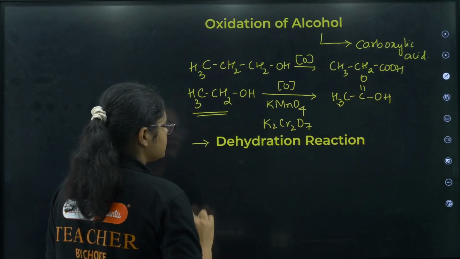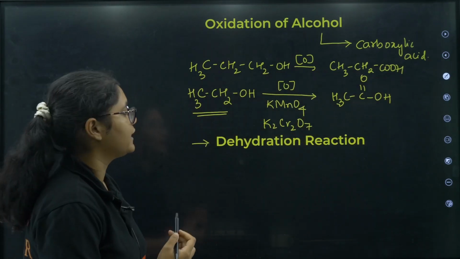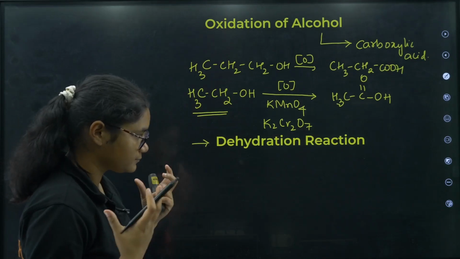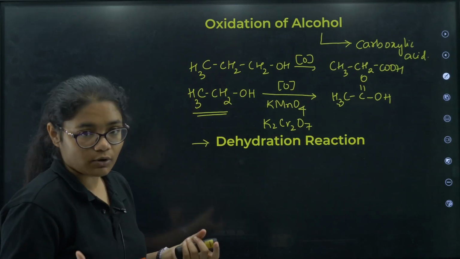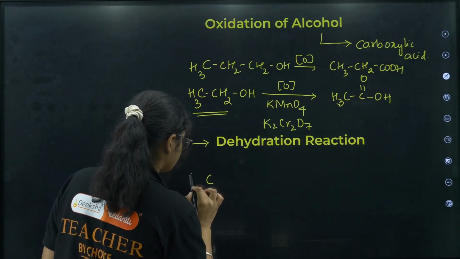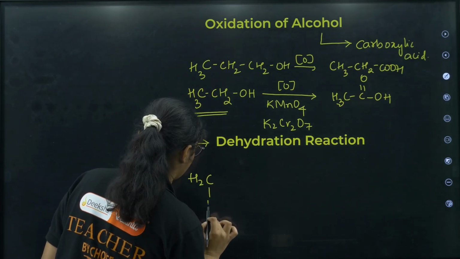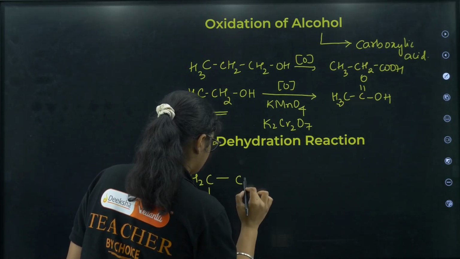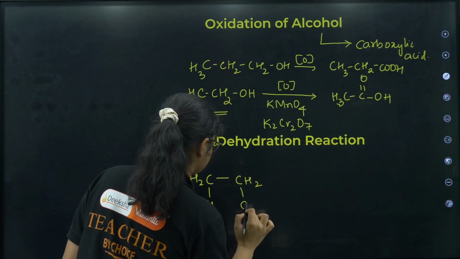Next we have dehydration reactions. In a dehydration reaction there is removal of water and we get a double bond. For example, we have CH2H and CH2OH.